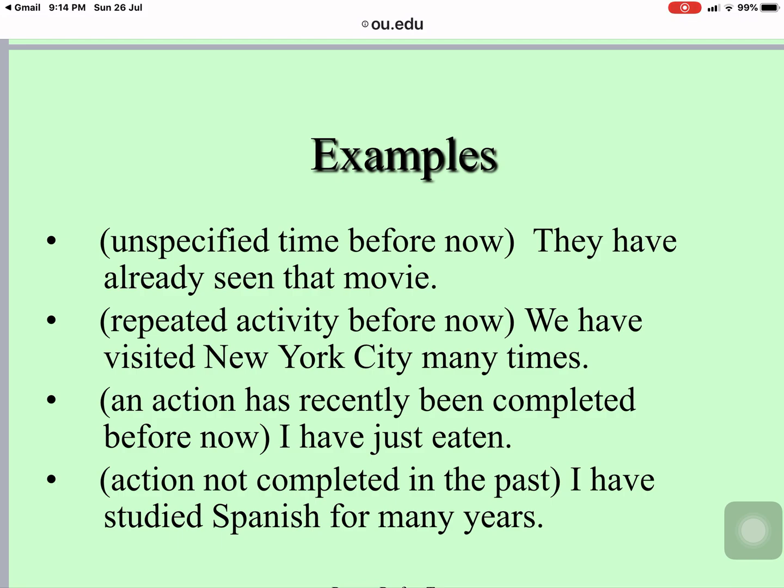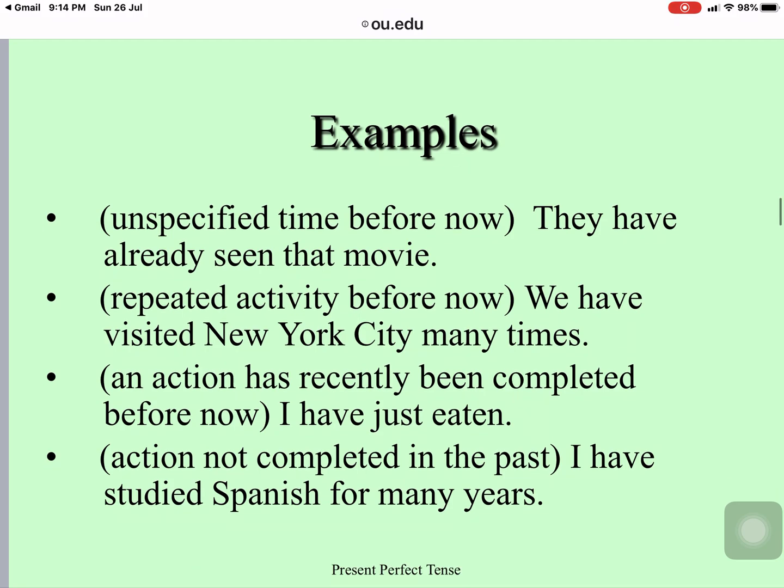Or my mother has already seen that movie. Okay, because my mother is singular subject, that's why has will be used in case of singular subjects.